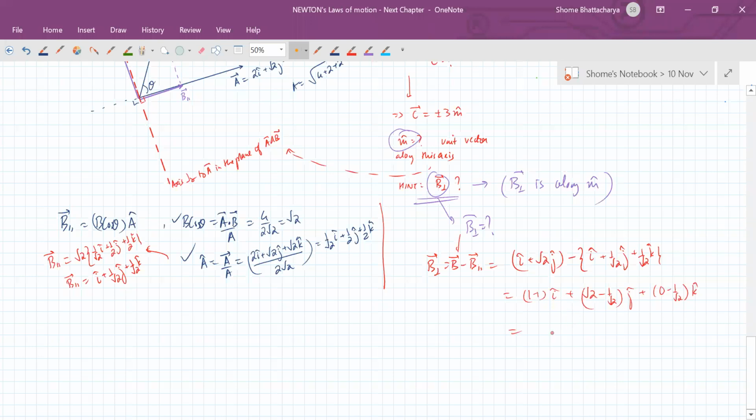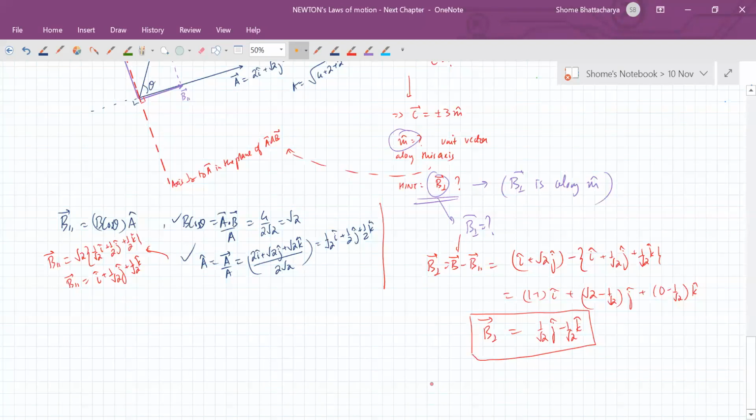So this is 0, this will become 1 by root 2 j cap minus 1 by root 2 k cap. So this is my B perpendicular. Okay. So we reach the story up to here.